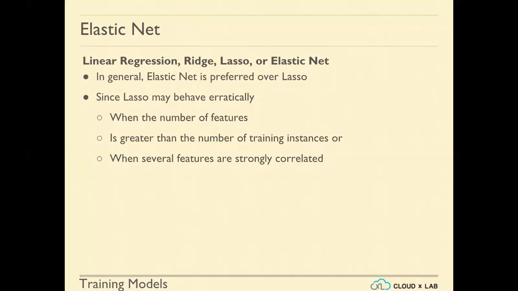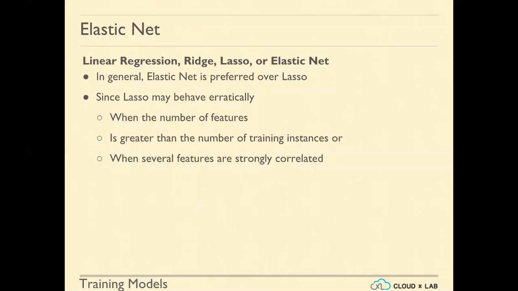So in general, elastic net is preferred over lasso, since lasso may behave erratically when the number of features is greater than the number of training instances, or when several features are strongly correlated. Okay, so I think this answers your question, Kamal.